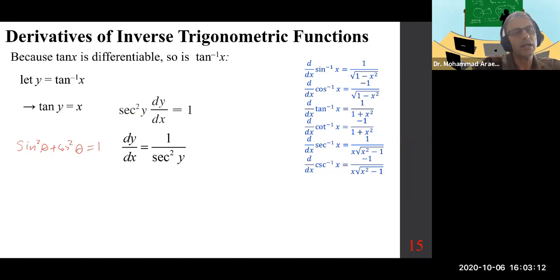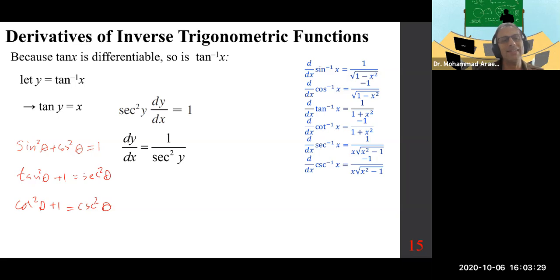Then we have tan squared plus 1 equals secant squared. Okay, remember that, class? And then cotan squared plus 1 equals cosecant squared. So those are the Pythagorean identities I'm reminding you of, okay.